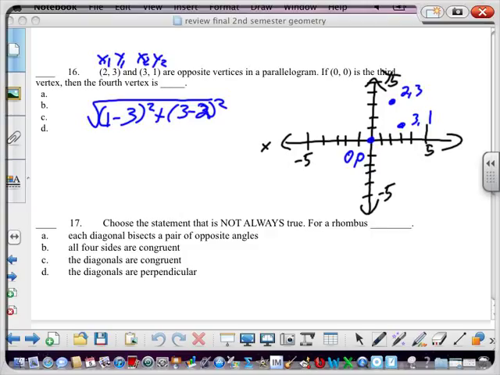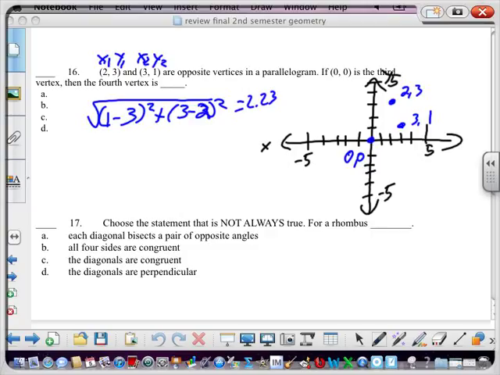So we've got the square root of (1 minus 3) squared plus (3 minus 2) squared, all underneath the square root sign. We get 2.23. Okay. So I know that between these two points it's 2.23 away, so I need to go 2.23 away this way.